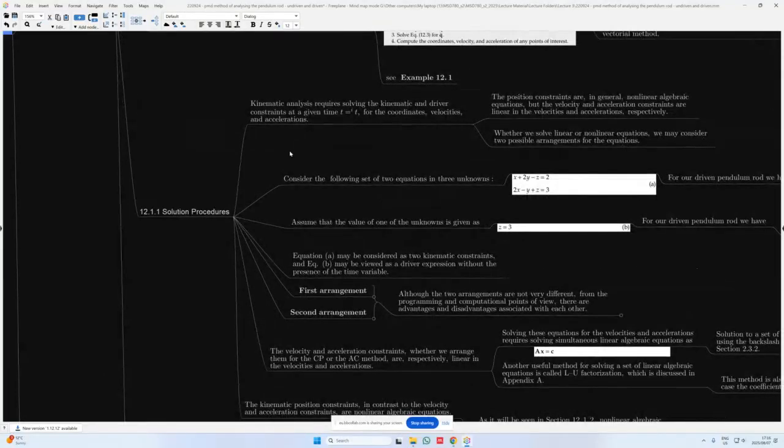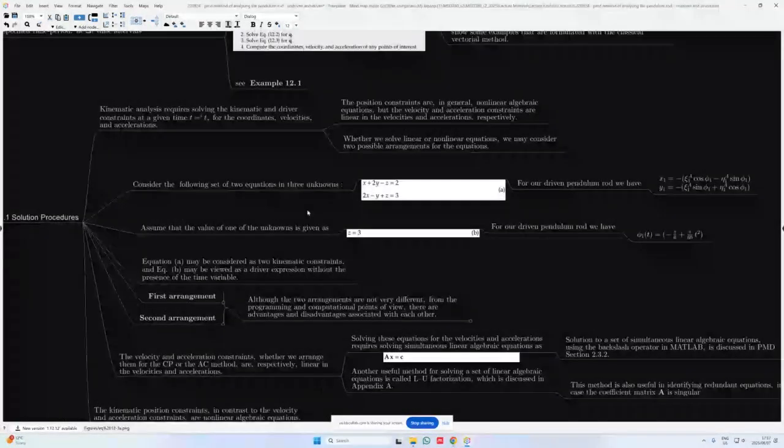So moving on to section 12.1.1, we now deal with the solution procedures and the methods that we can use to solve these problems. A kinematic analysis requires solving the kinematic and the driver constraints at a given time t equal to t superscript i, so at the ith time step, for the coordinates, velocities, and accelerations.